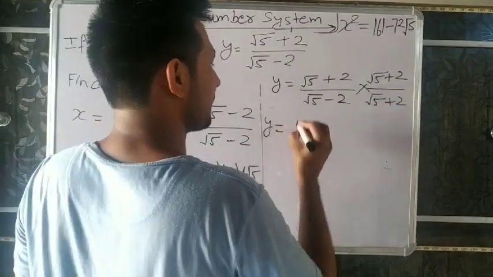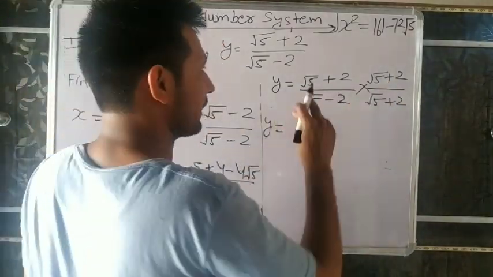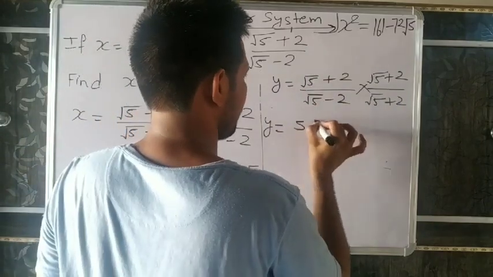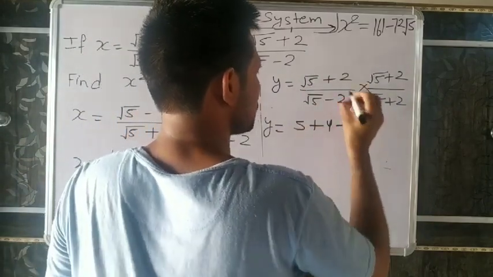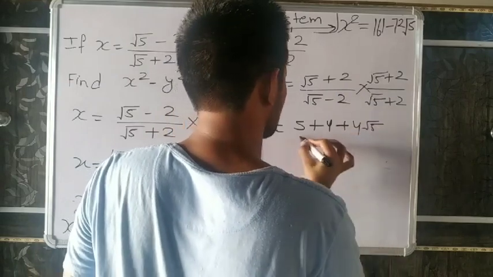Solve yourself, I am writing directly: (a plus b) square gives 5 plus 4 plus 4 root 5.